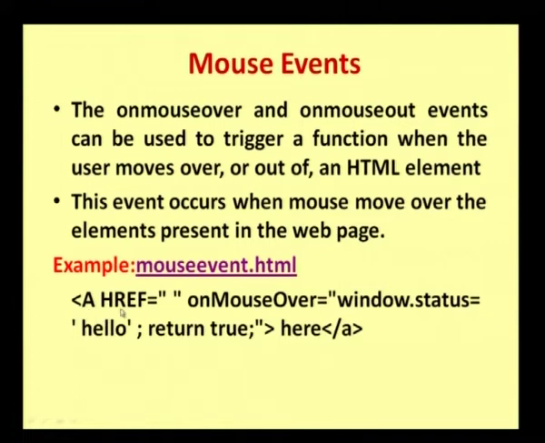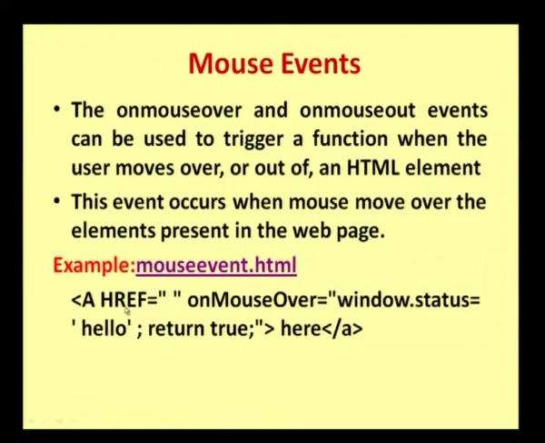A href is a tag to refer to a file. Anchor, that is A, is for link purposes, and onmouseover should be called. What is the status? window.status is equal to hello, return true. That is, whenever the user moves over that link, some status should be updated in the status bar of IE, that is Internet Explorer, and the hello message should be displayed.